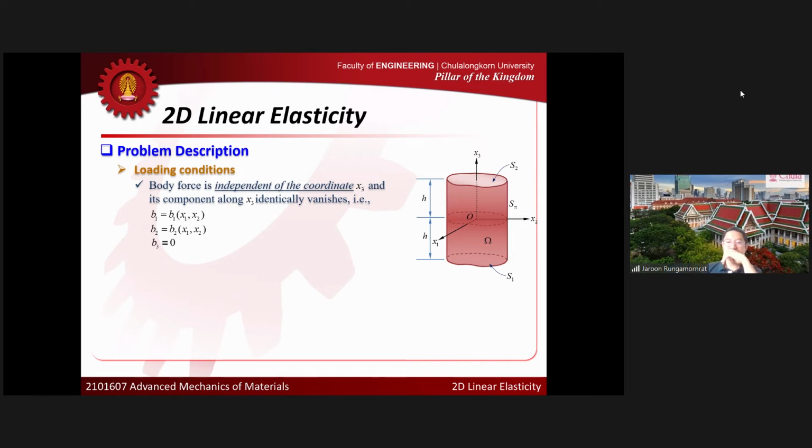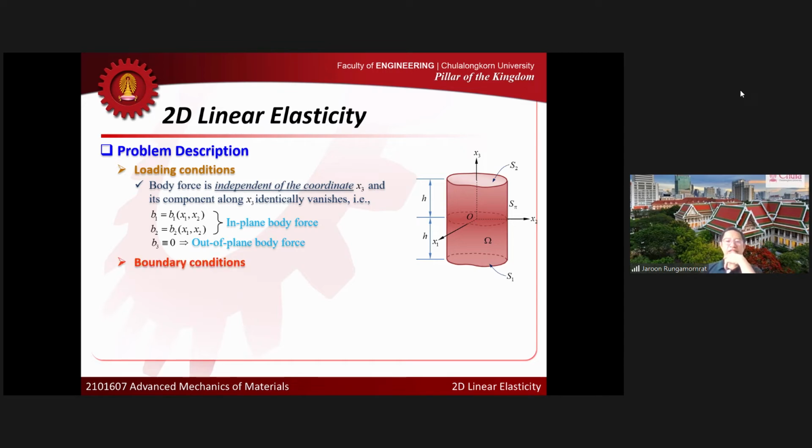So this kind of body force field, we can say, is the 2D body force field. It's 2D in the sense that the vector we use to describe the body force requires only two components, B1 and B2, because B3 disappears. So some people just say this is the 2D body force field.